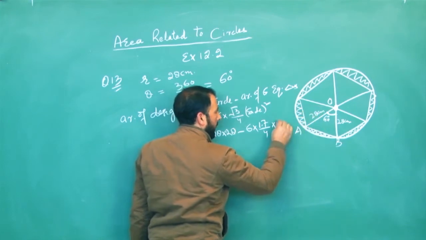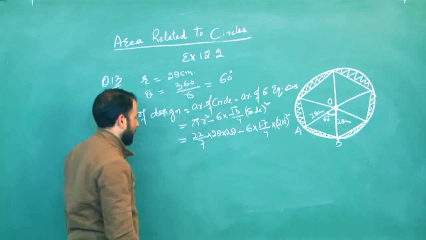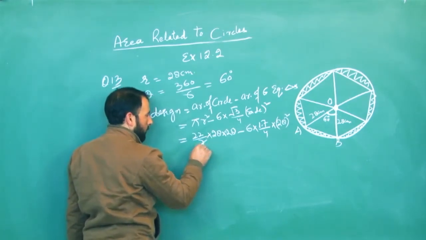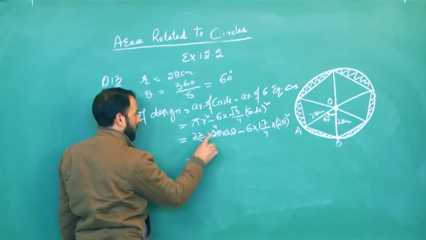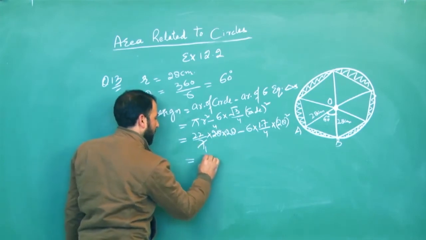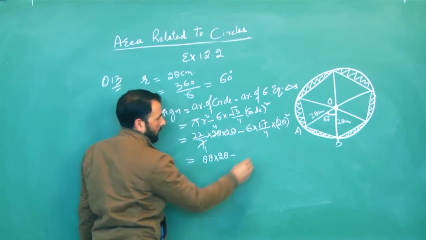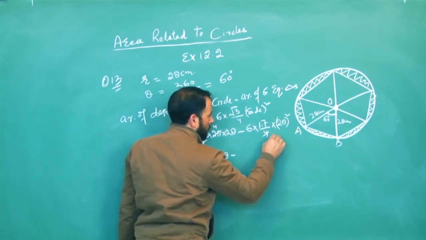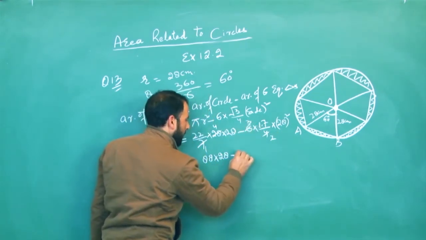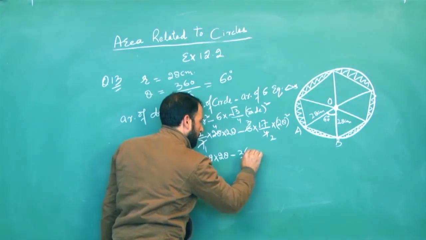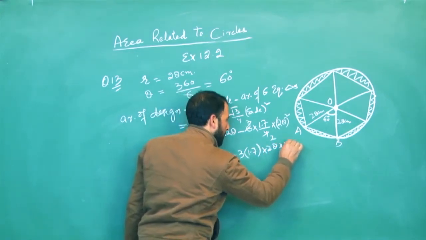The side of the equilateral triangle is clearly 28, so it is 28 square. Here we can cancel out 7 1 or 7, 7 4 or 28. It becomes 4 into 22 is 88 into 28 minus, 2 2 or 4, then 2 3 or 6, we can write 3 into 1.7 into 28 into 28 divided by 2.